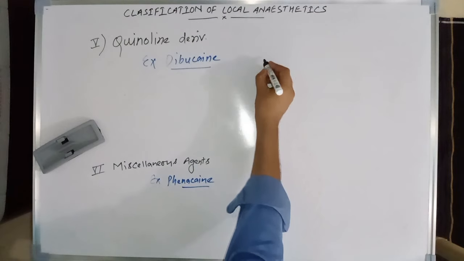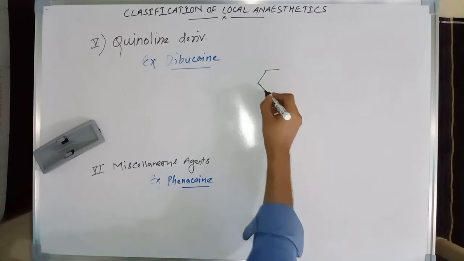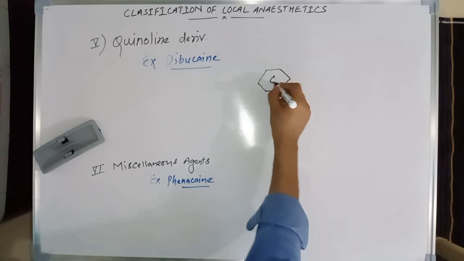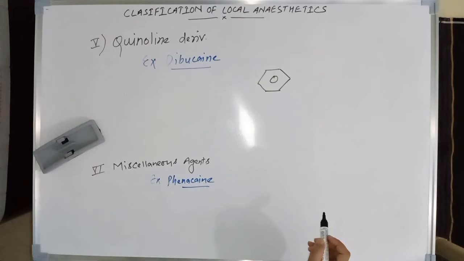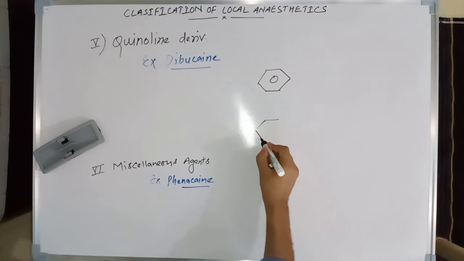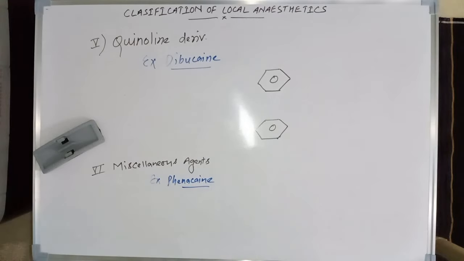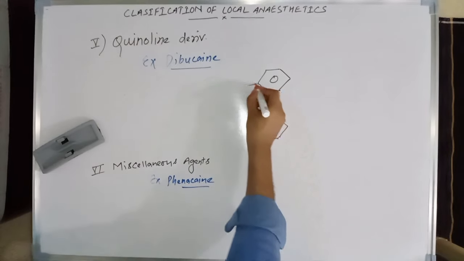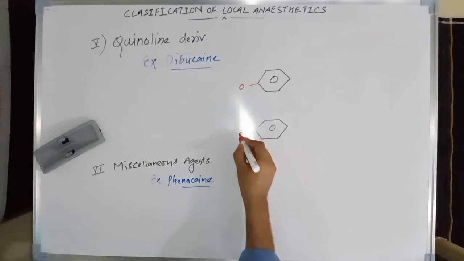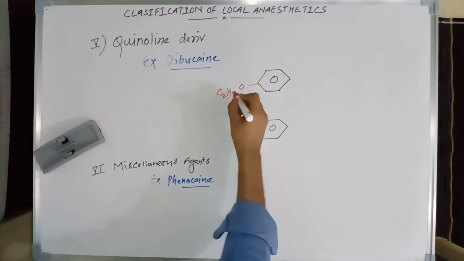First of all, draw one phenyl group, and below it draw a second phenyl group. On the fourth position of both phenyl groups, draw an ethoxy group, C2H5.